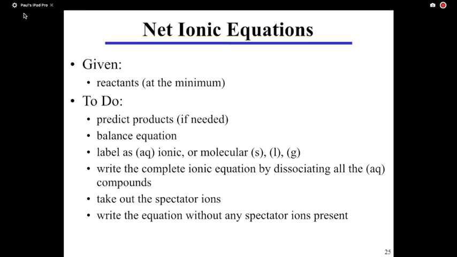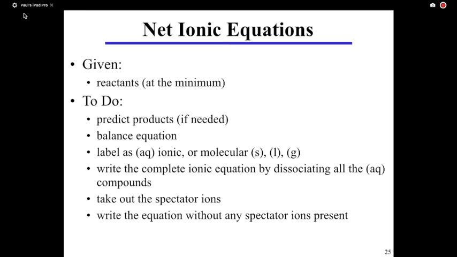Then you label every item as aqueous or solid, liquid, or gas. Okay? And this will tell us what we need to do and how to treat them. Then we write what's called the complete ionic equation by dissociating anything that is aqueous and can dissociate.